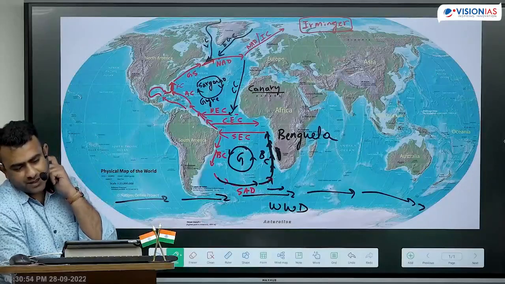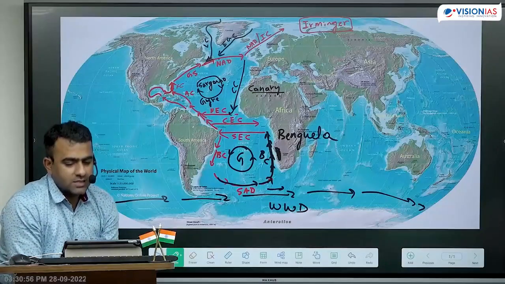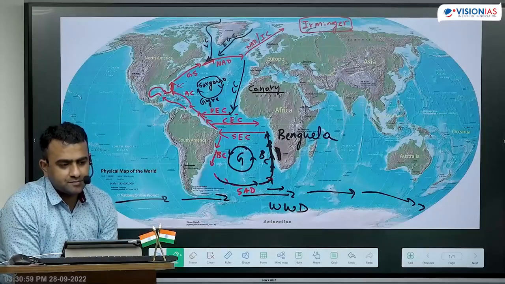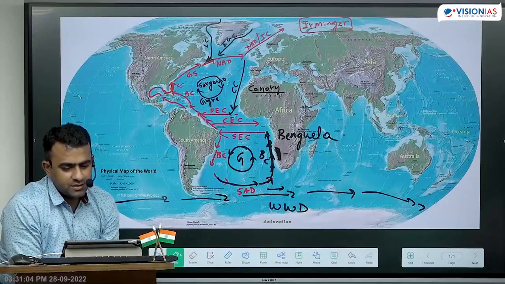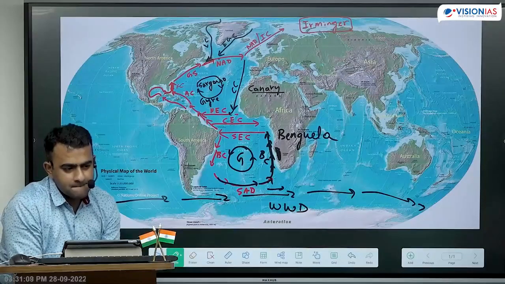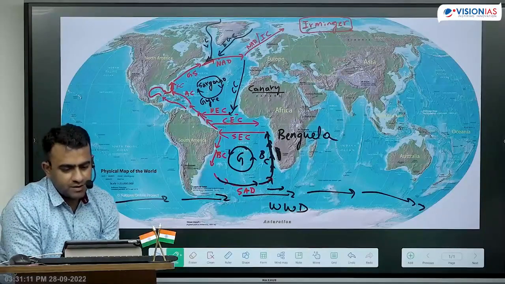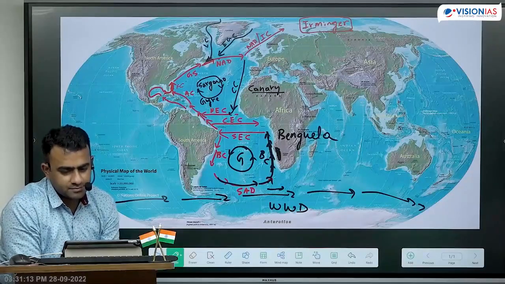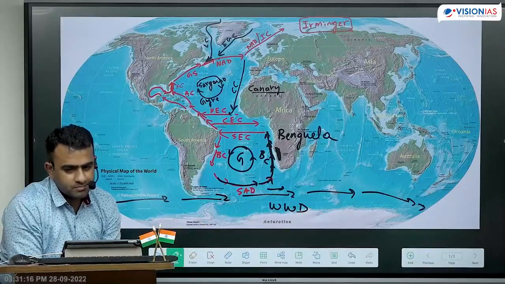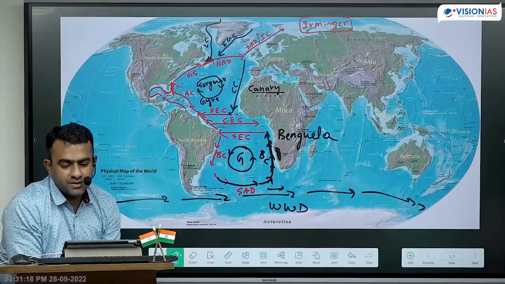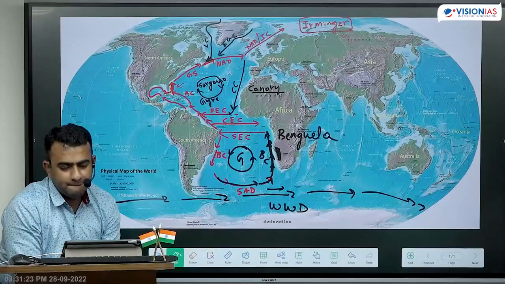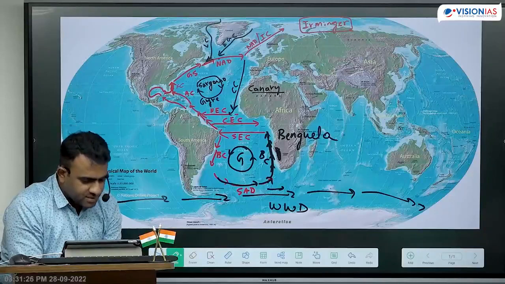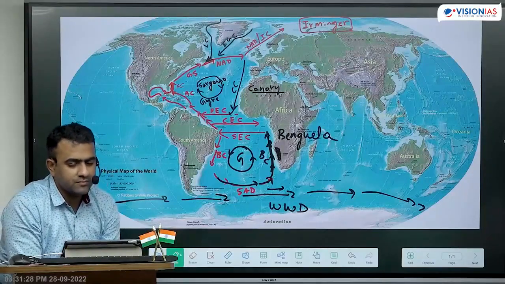Next point, the South Atlantic drift merges with west wind drift. Sorry. Merges with west wind drift, full stop लगा दो.